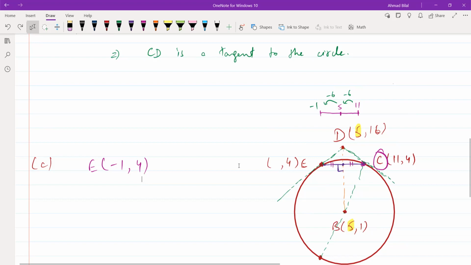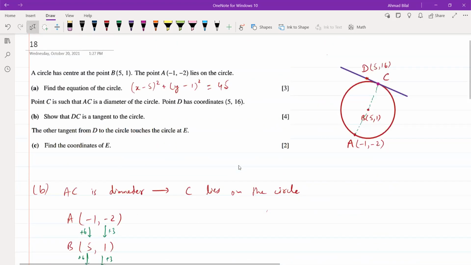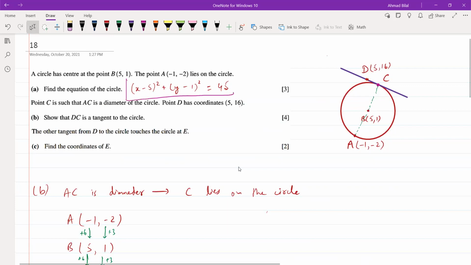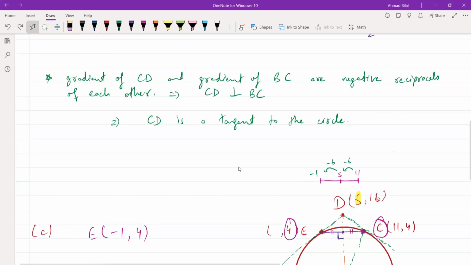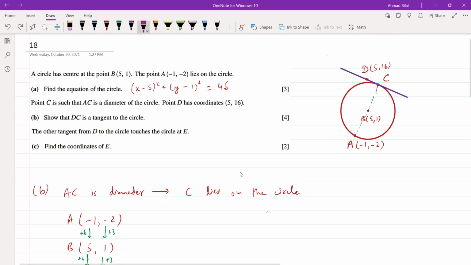There's another way of thinking about this as well. Once you have found the y coordinate for E, you can just input this in the equation of the circle, right? And find the corresponding x coordinate. Because it's quadratic, you will get 2 x coordinates from that. If you input y equals 4 here, you'll get 2 values of x.